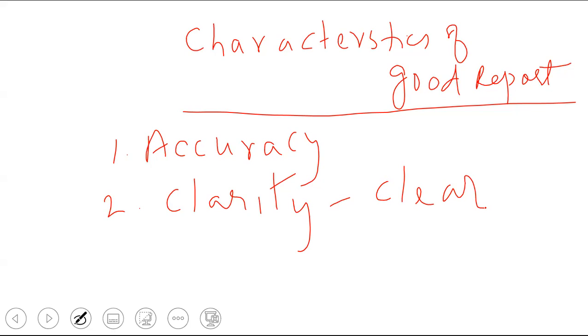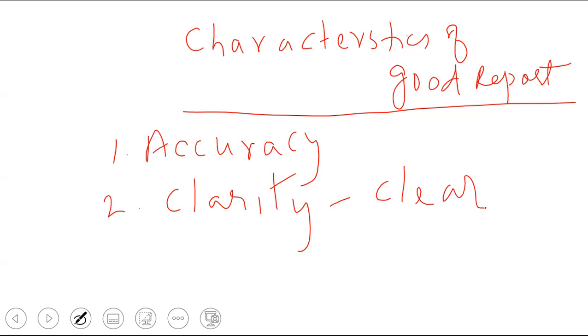आप भी देखो ना, you are having different type of teachers. Some teachers का explanation is very clear, very accurate. Some teachers know the subject, but they are not clear. They themselves do not know what they are talking. So the student is finding it difficult to understand. Or you are asking a person, example, I have to go to Ghatkopar.